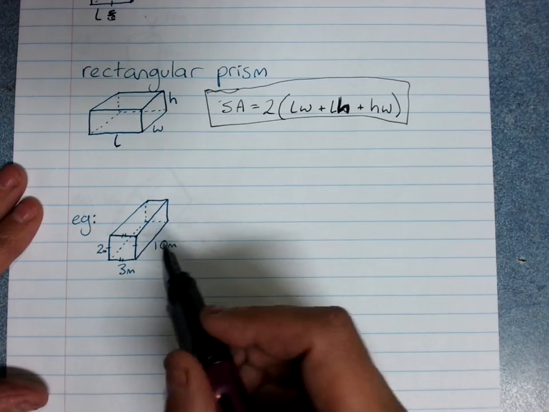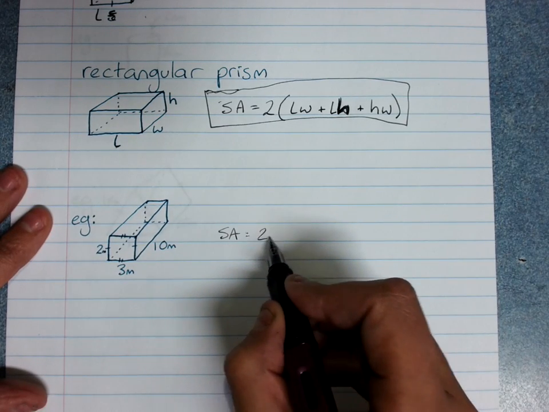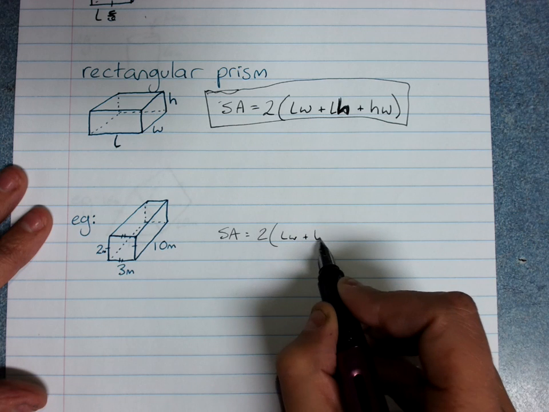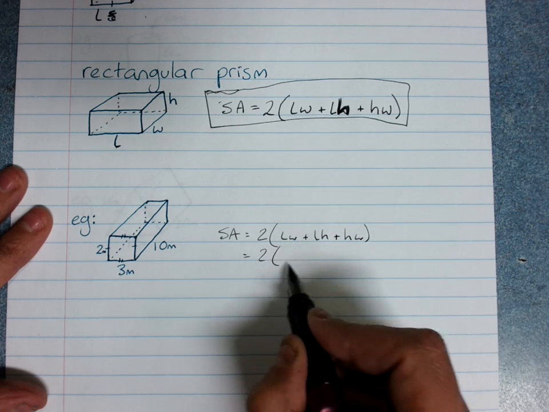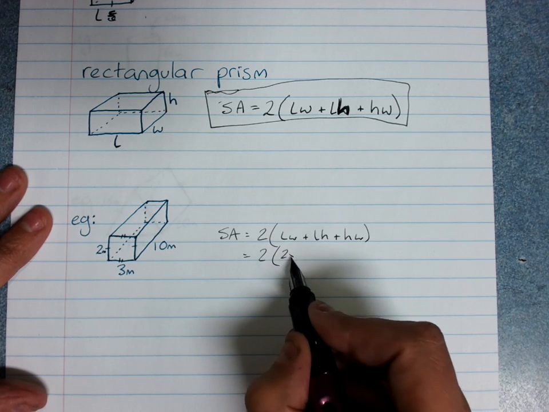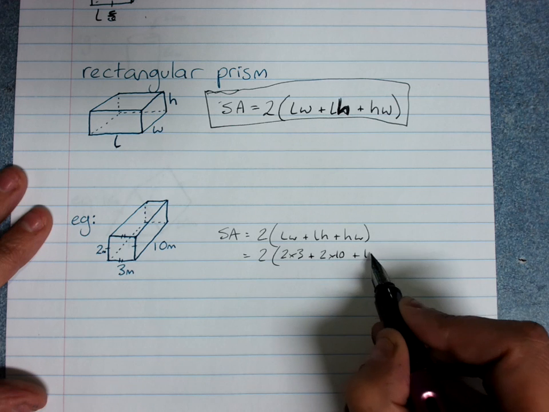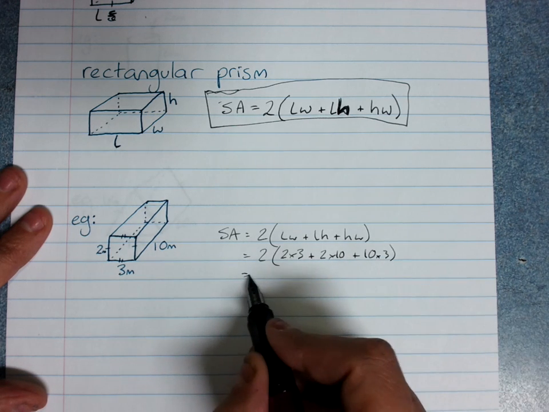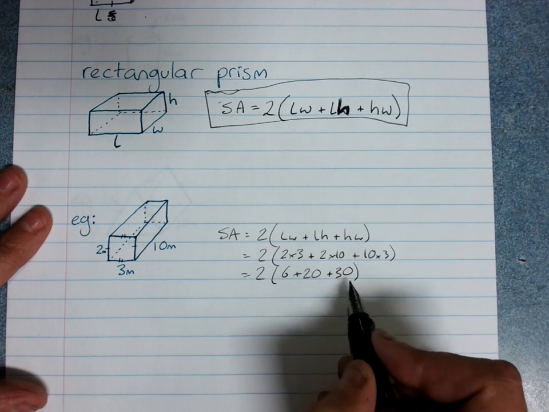So very quickly, with a rectangular prism for the surface area, we write our formula. Two times, we multiply each pair. 2 times 3 plus 2 times 10 plus 10 times 3. That will be 2 times 6 plus 20 plus 30.